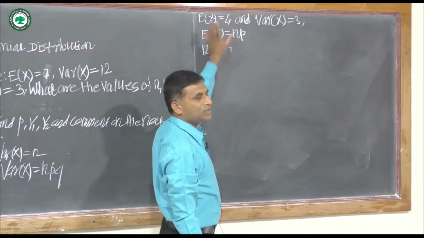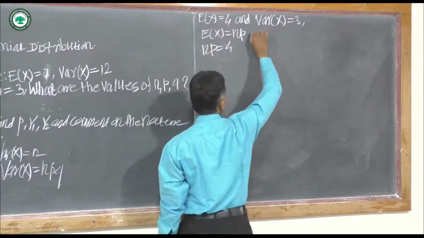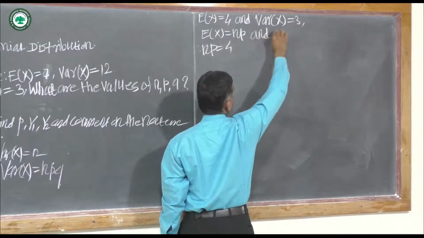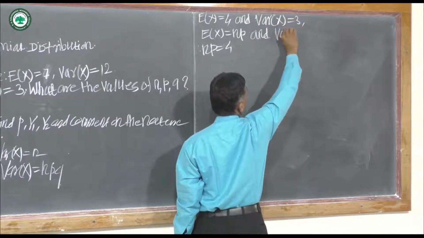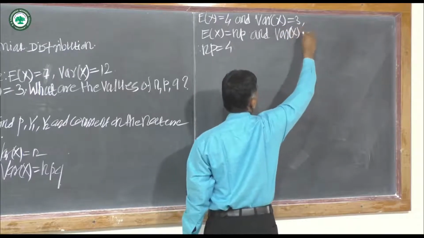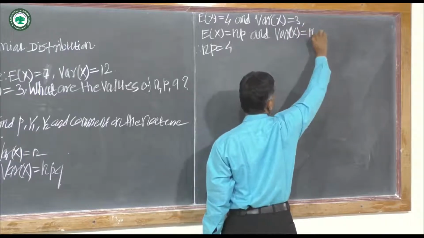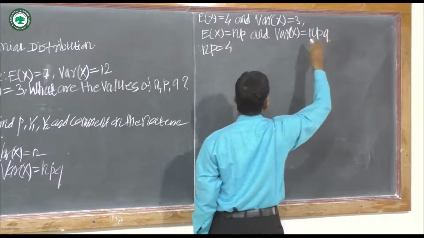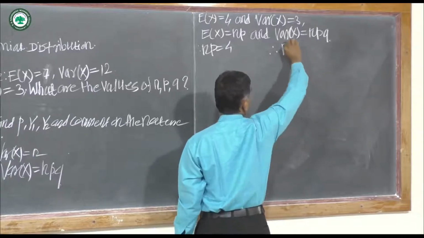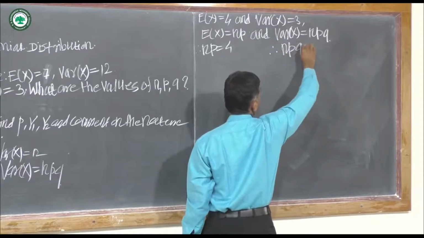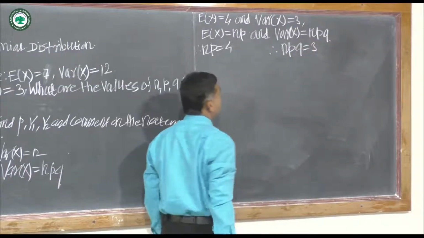Expectation of X equal to 4, and variance of random variable X is equal to npq, therefore npq is equal to 3.